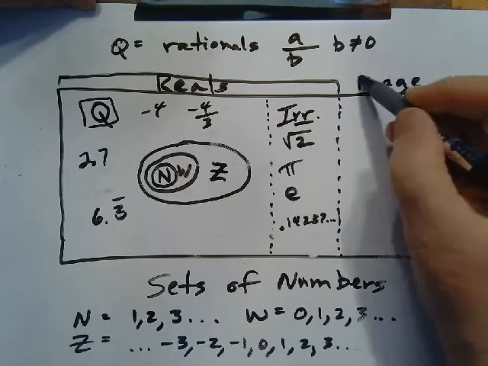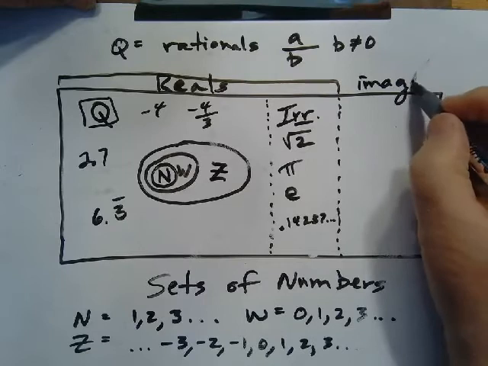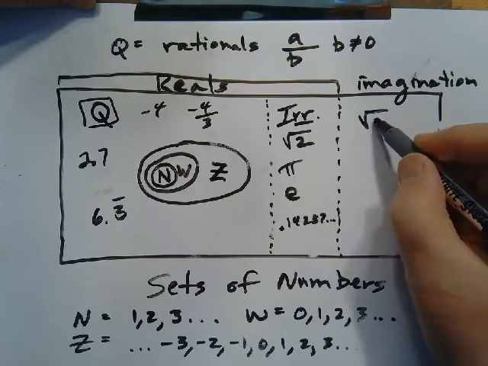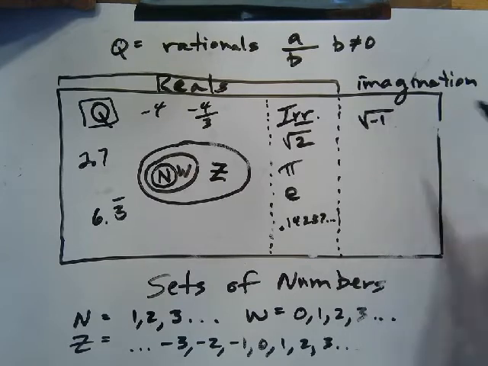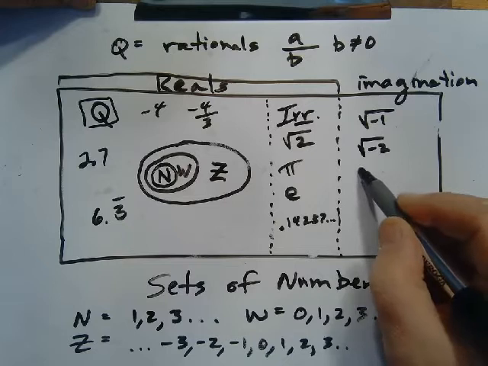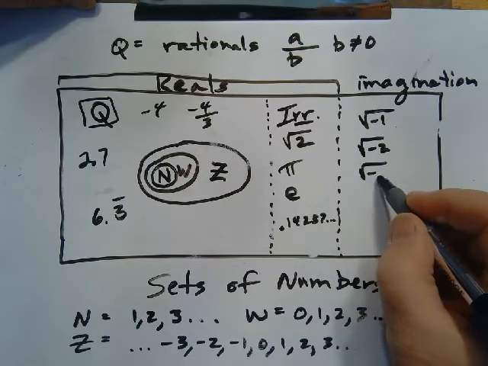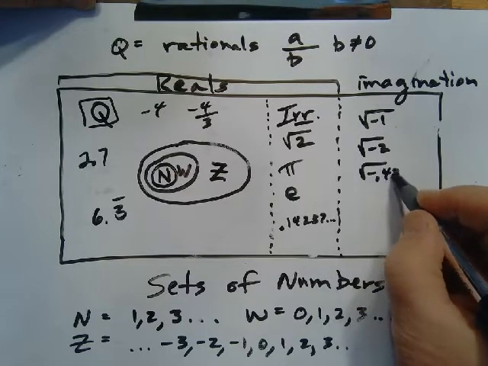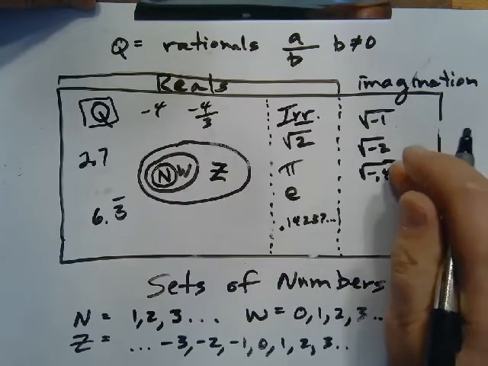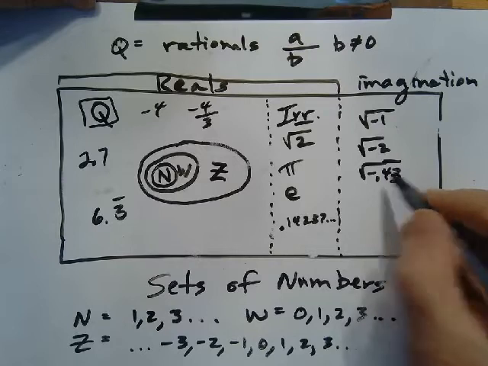Those are the numbers that we just introduced: the square root of any negative number. The square root of -1, the square root of -2, the square root of -0.43. Anytime the square root has a negative underneath, that is an imaginary number.